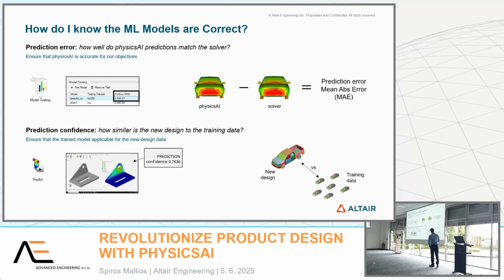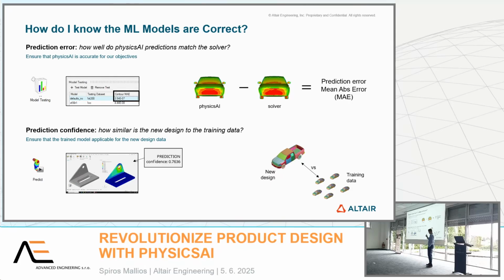And the biggest asset, I think, available to the user is this confidence factor, this confidence score, which basically tells you, when you want to predict a new design with PhysicsAI, how much confidence you should have in the actual prediction.